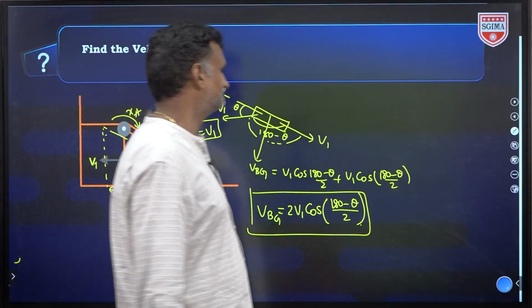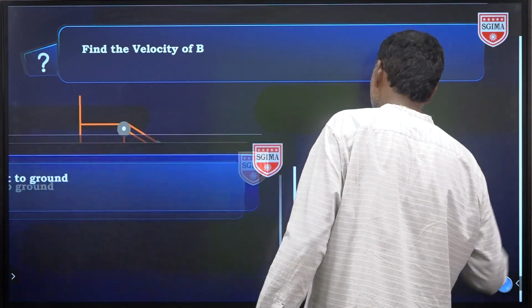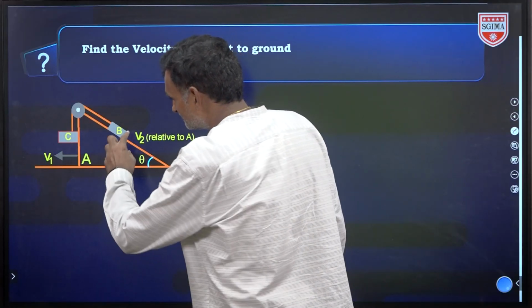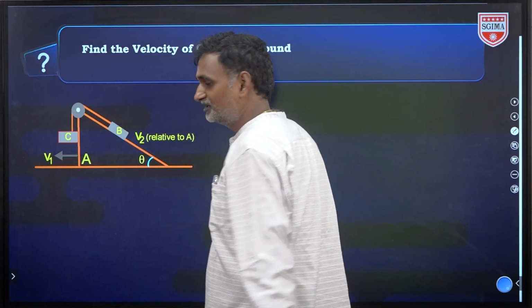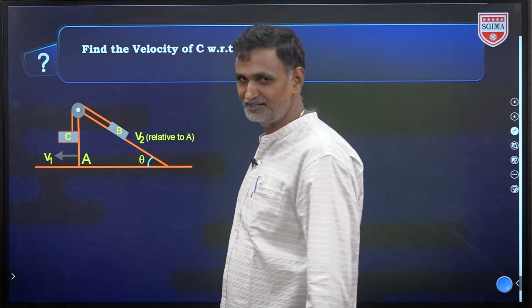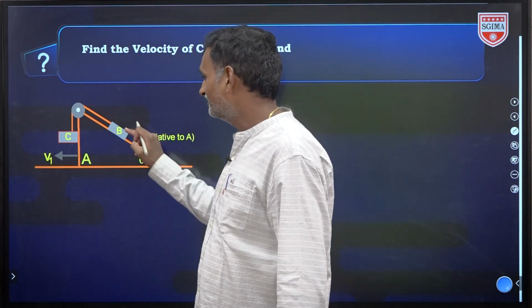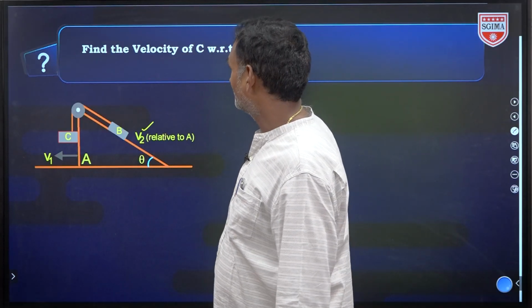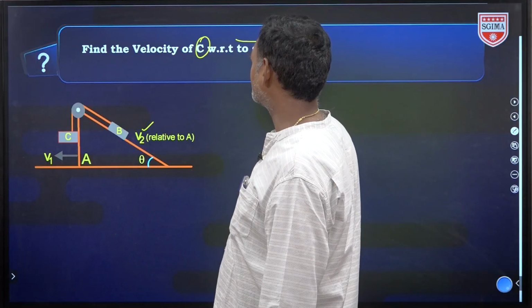Next question. Here there are two blocks and one wedge. The wedge is moving left side with velocity V1, and B is falling with velocity V2. They are asking for the velocity of C with respect to ground.